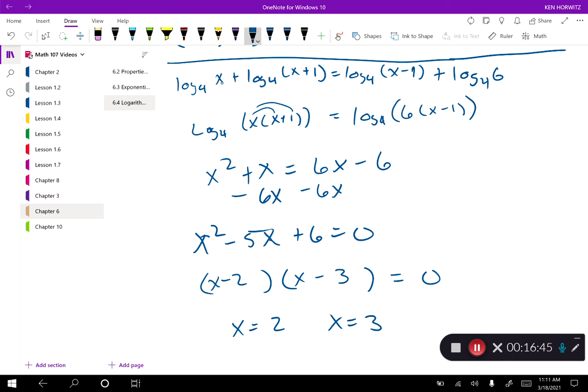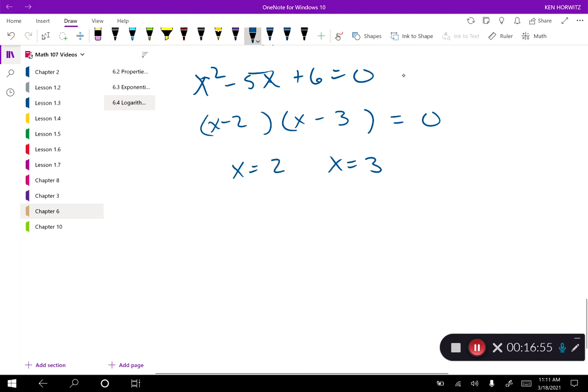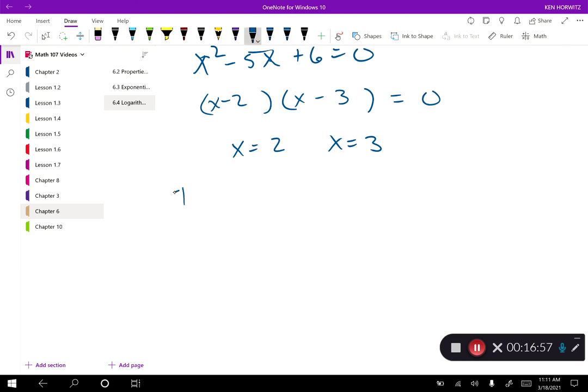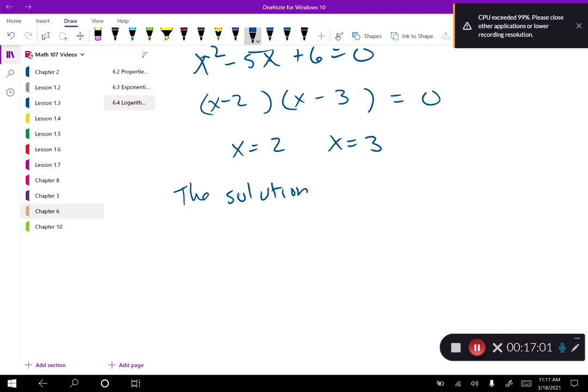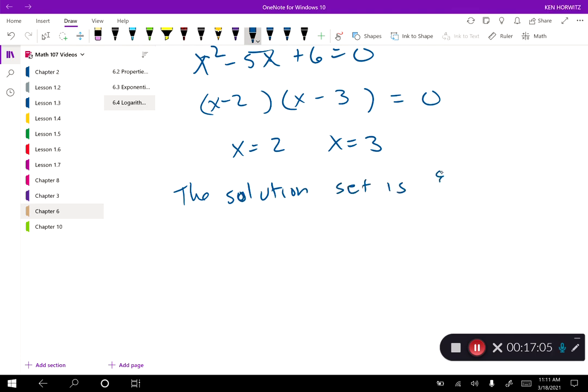I put in a 2: positive, positive, positive, positive. Put in a 3: positive, positive, positive, positive. Therefore, 2 and 3 are both good. Therefore the solution set is 2, 3.